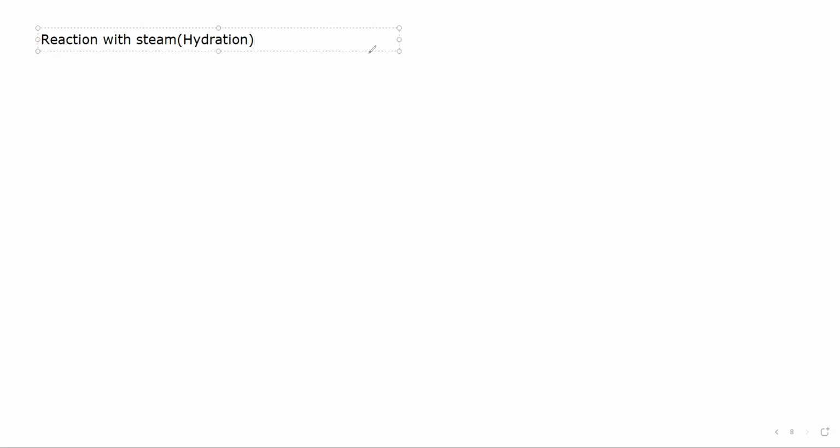So for example, if you have a compound, say propene. So this is propene. And we react it with steam or water, and basically H2O can be written in terms of bonds.